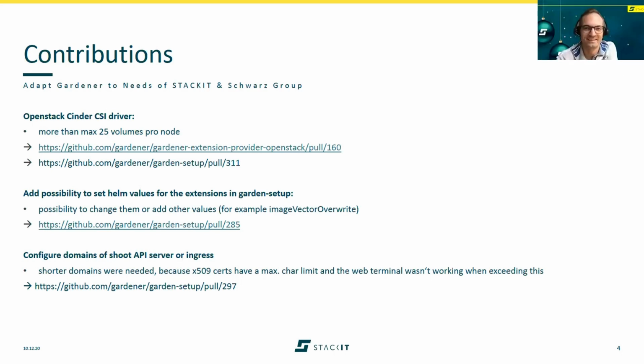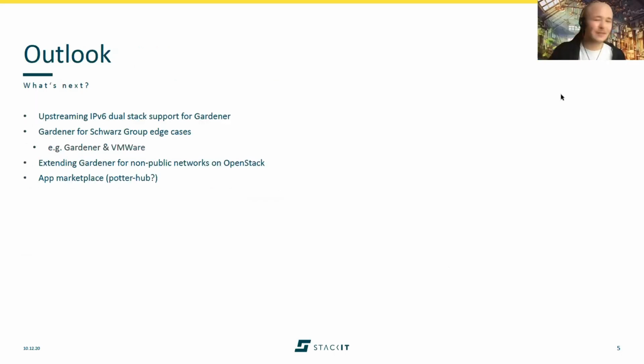And to give you a small outlook, the future changes we want to achieve are, of course, to upstream our IPv6 dual stack support for Gardener itself, because we need that for our IPv6 network zone. Another thing is we have a look at Schwarz Group edge cases.